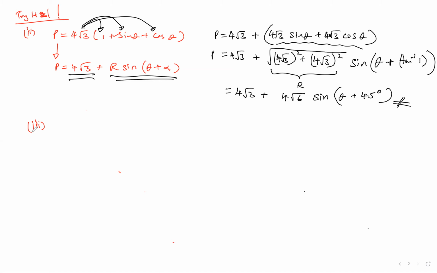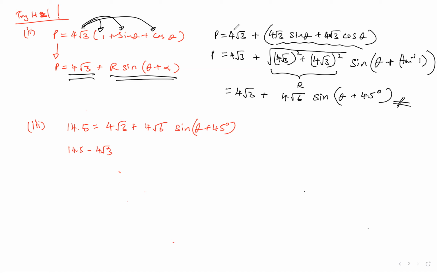So 14.5 is equal to 4 square root 3 plus 4 square root 6 sine theta plus 45. You must move this first, just do step by step. Minus 4 square root 3, this is the first.